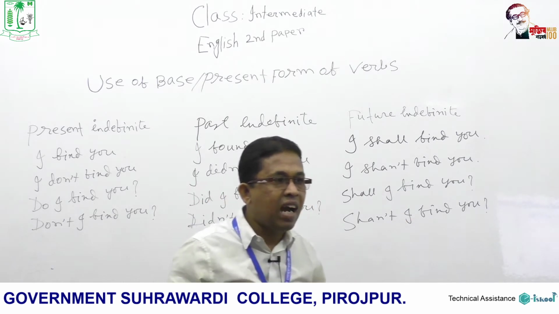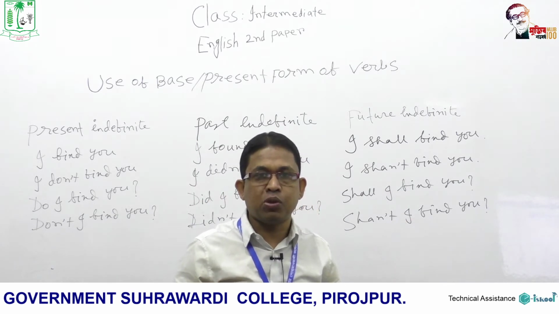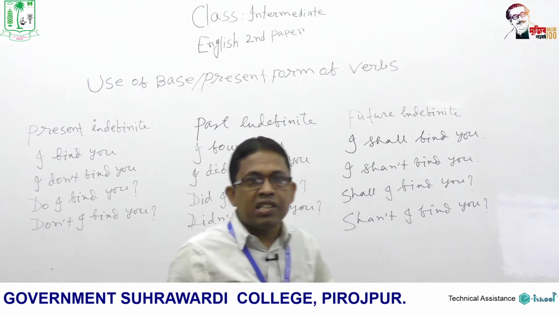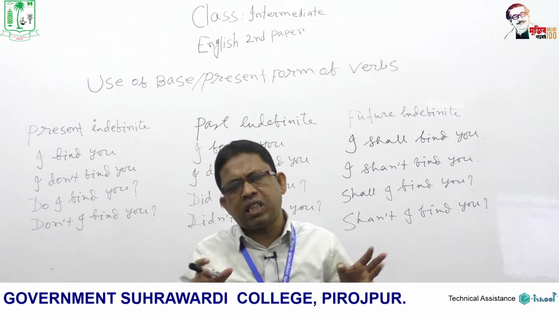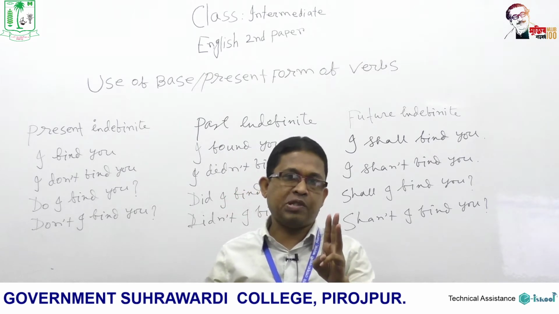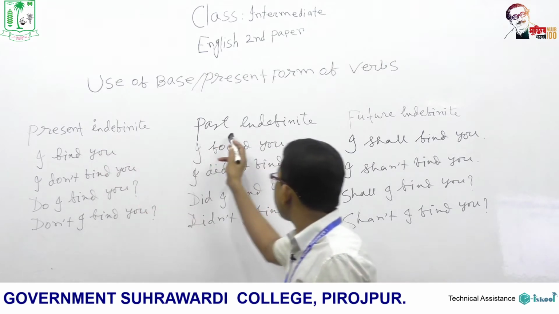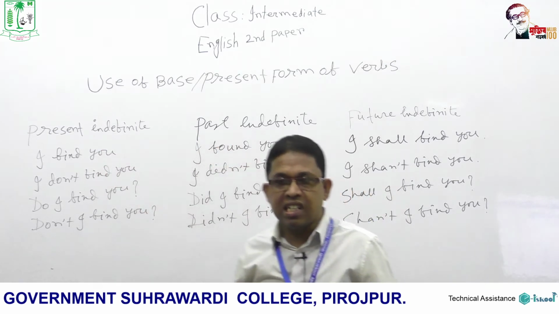Dear students, I believe that you have already understood, and you know that there are total 3 types of indefinite tenses in English grammar, that is present indefinite, past indefinite, and future indefinite.